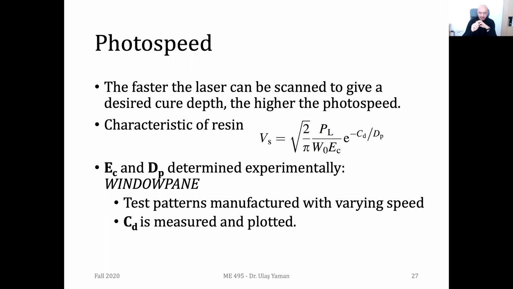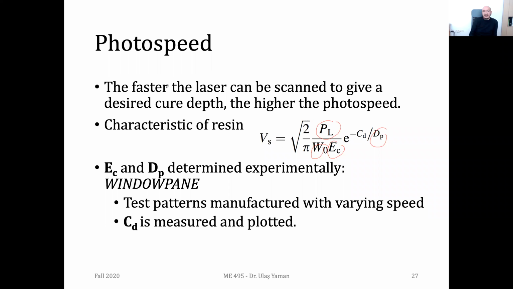And we know the speed equation here, which depends on the properties of our resin material. As you see, it depends on the laser power, once again, radius, critical exposure, and penetration depth. Once you know all these, you can find the optimum scanning speed for your arrangement.